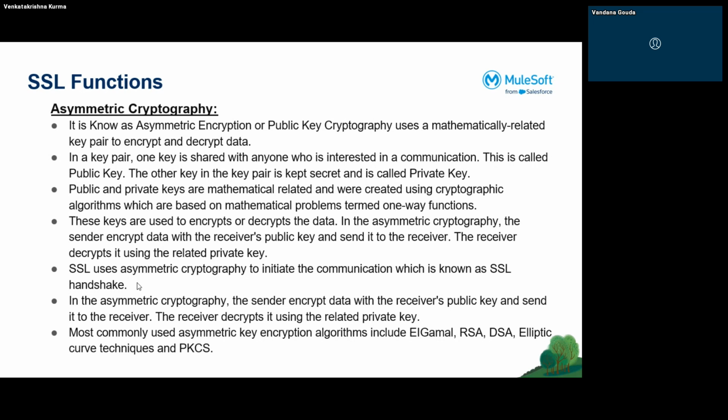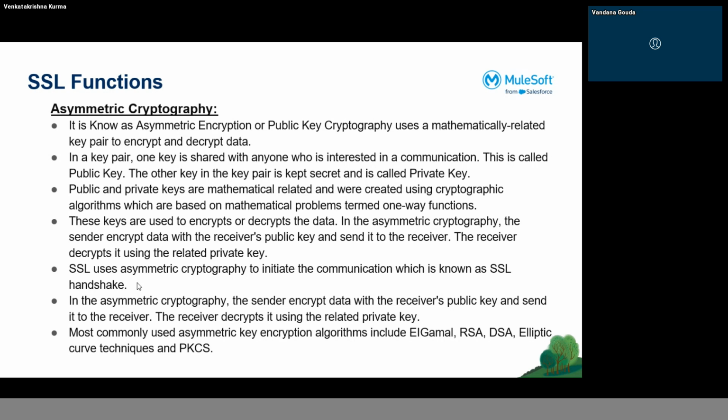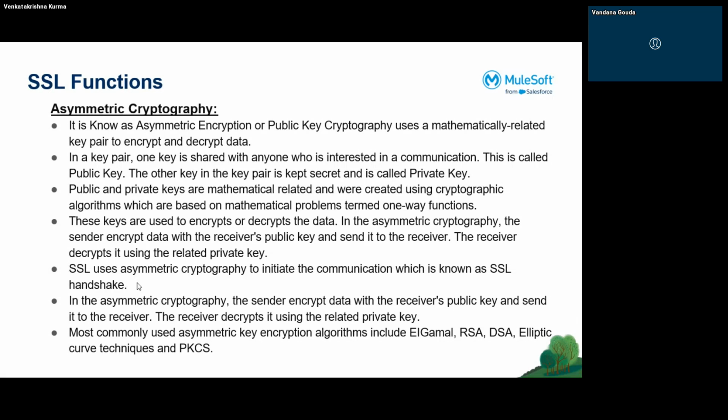From our architecture perspective, we need to provide the public key to them, and we keep the private key to ourselves. Whenever they send data to our system, based on that public key, we will use our private key, and then we can allow the connection. In that way, the communication will happen between the two systems.